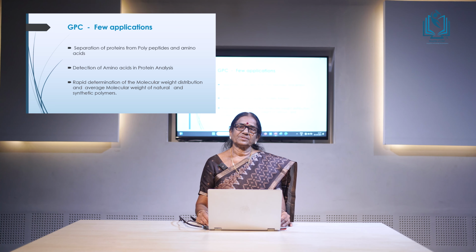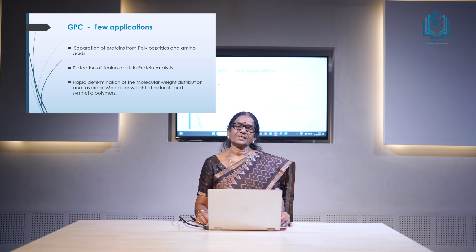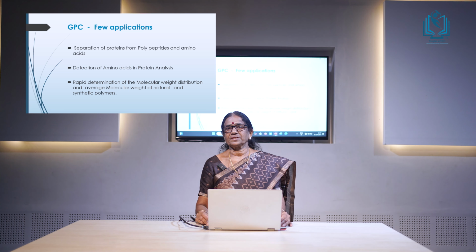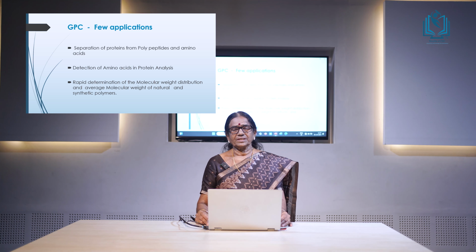I hope you have understood the difference between GPC and other chromatographic techniques, how to interpret the GPC data, how to compute the molecular weight, number average and weight average molecular weight, and also how to represent the molecular weight distribution in a polymer sample.